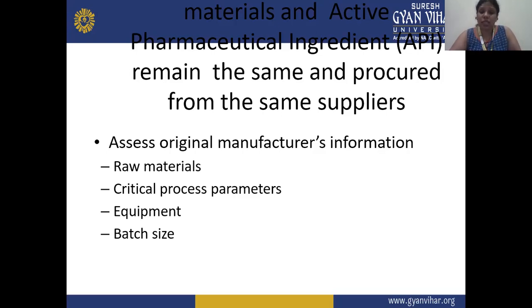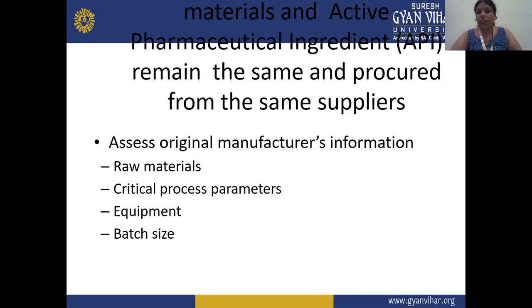Then critical process parameters. What are the parameters which, if they vary, may affect the quality of the product? We have already discussed critical process parameters a lot in pilot plant scale up also. You need to identify the critical process parameters.